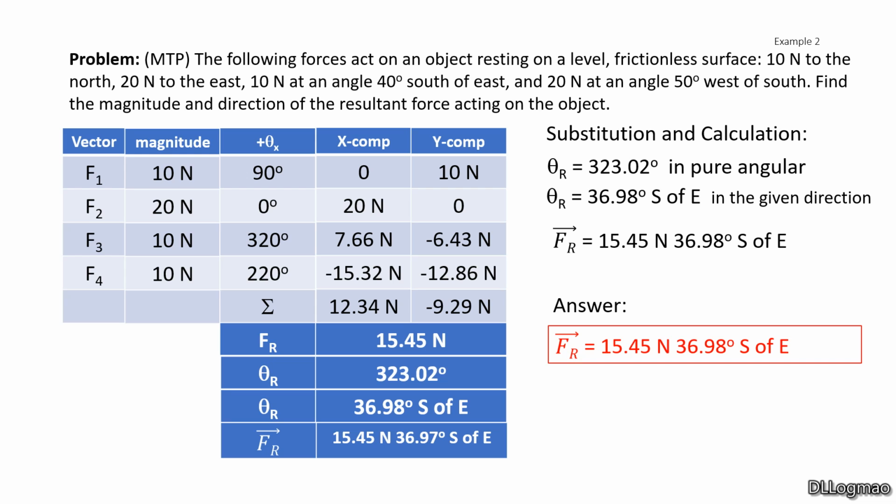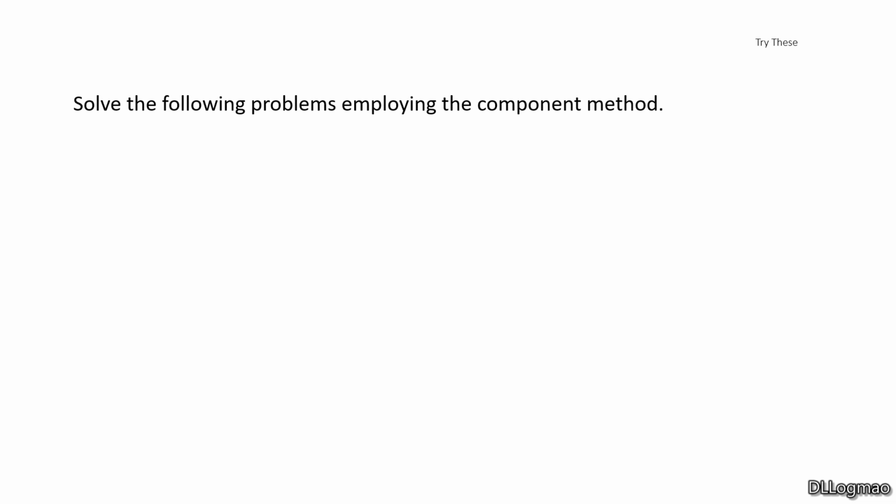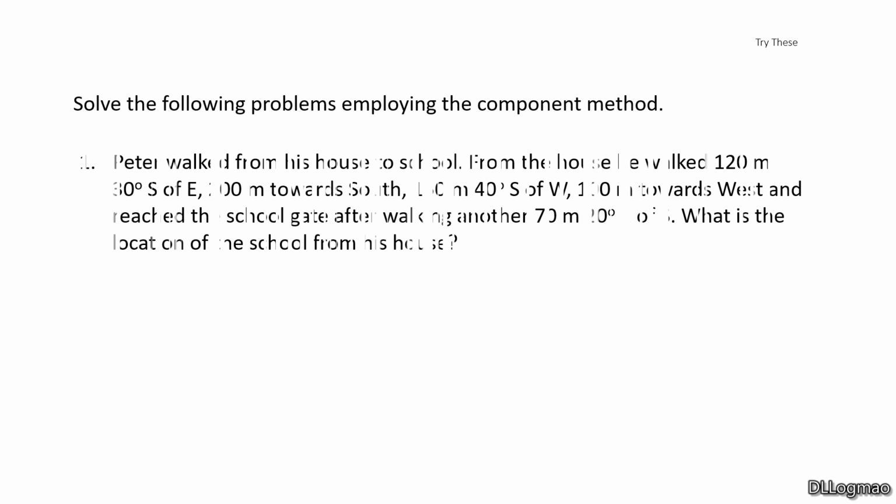After the discussion on resultant vector using the component method, now it's time to test your understanding. Solve the following problems employing the component method. The first problem is, Peter walked from his house to school.